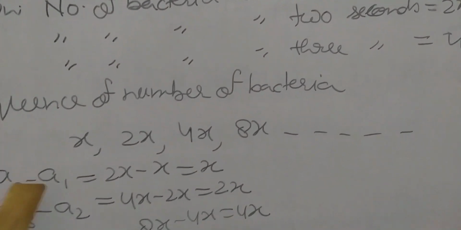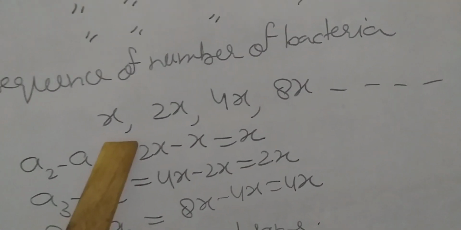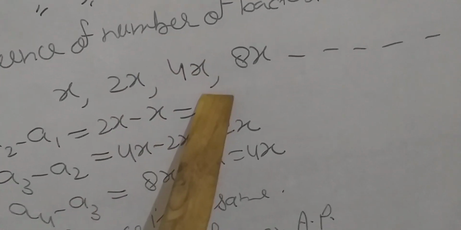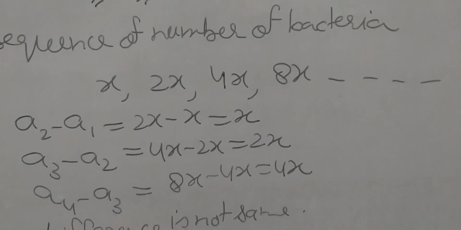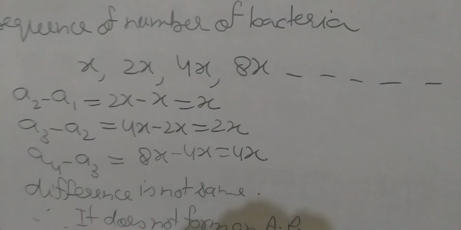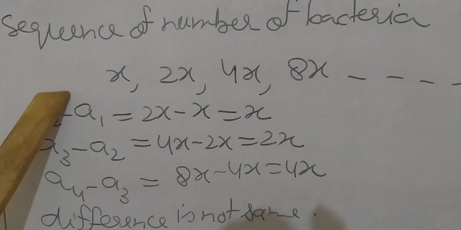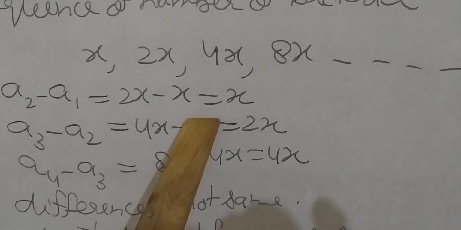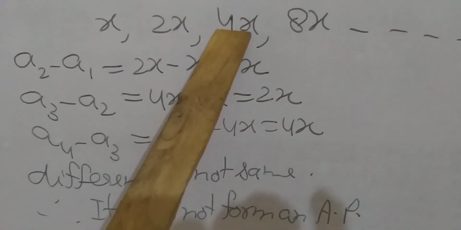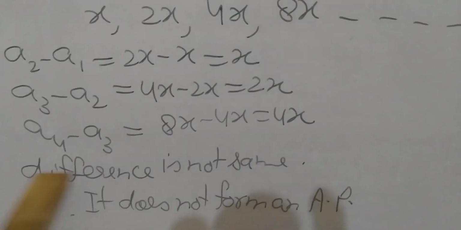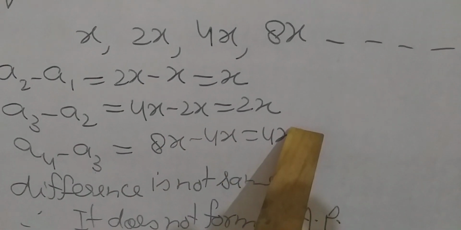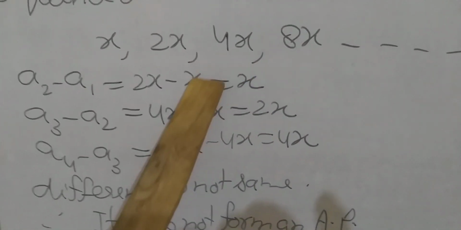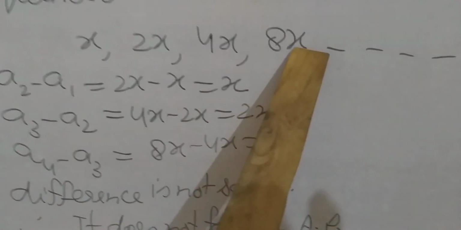So the sequence of number of bacteria, students, is X, then 2X, then 4X, then 8X. Let us check whether this sequence is in AP or not. A2 minus A1, 2X minus X, X. A3 minus A2, 4X minus 2X, 2X. A4 minus A3, 8X minus 4X, 4X.